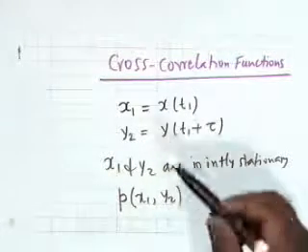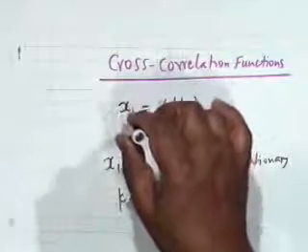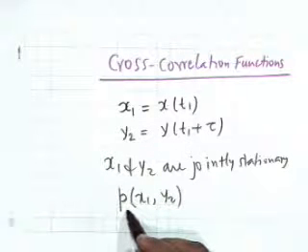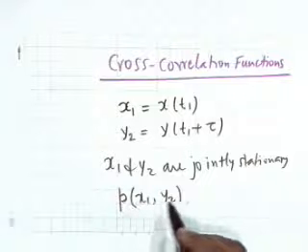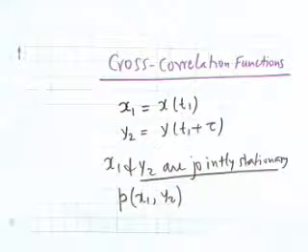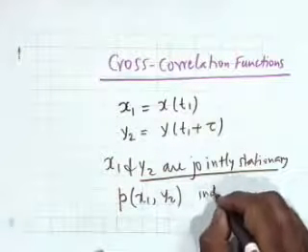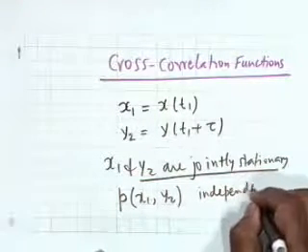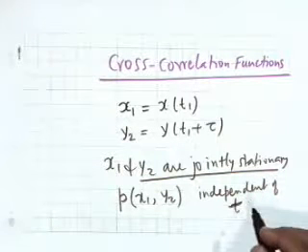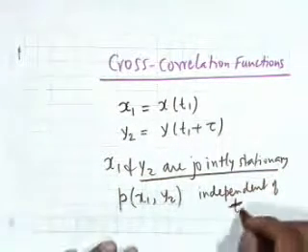The only difference is that the two random variables are taken from two different processes. One is an x of t, the other is an ensemble of y of t, and the joint probability density is denoted by p x1 y2. If the two processes are jointly stationary, then p x1 y2 shall be independent of t1, not necessarily t1, the time origin, let us say t0.